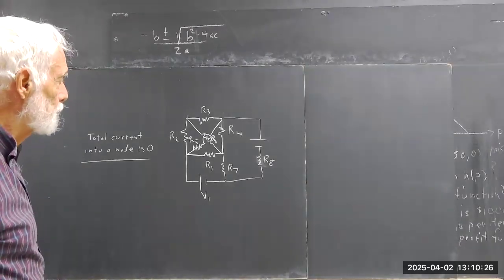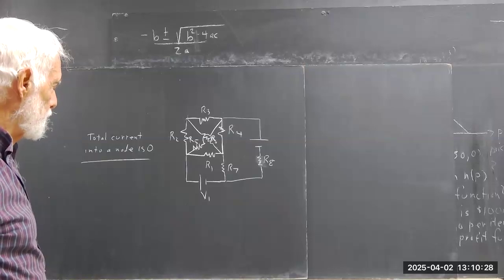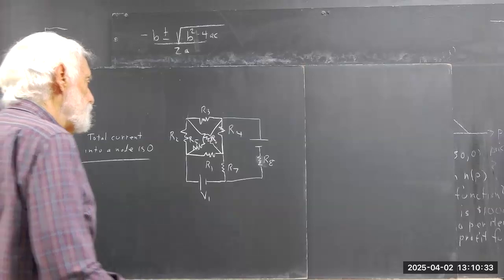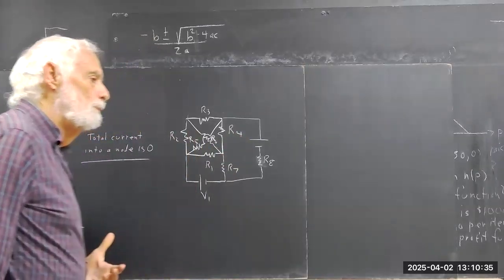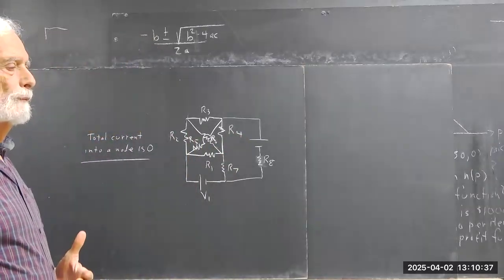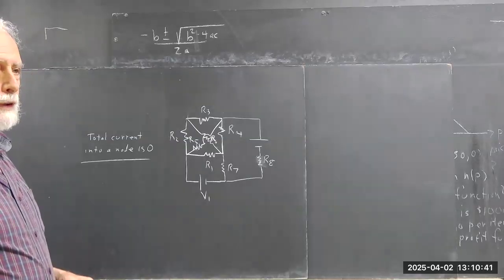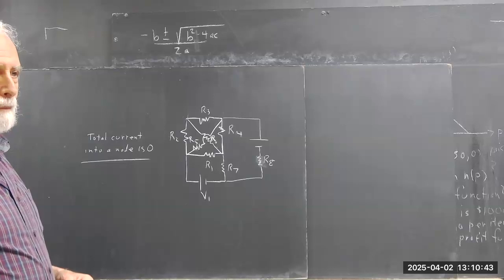Okay, well, let's put some currents in this. Let's start fairly simple. Now, you don't know what the currents are. You don't even know what direction they are because you don't know the voltage.